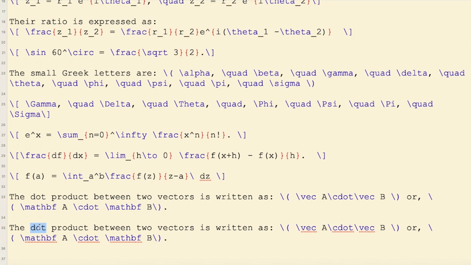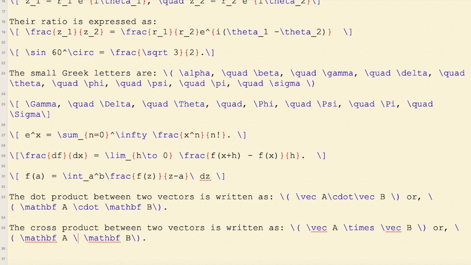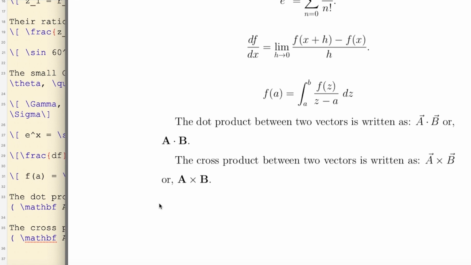The cross product is written as \vec{a} \times \vec{b}, or \mathbf{a} \times \mathbf{b}. This generates the output a cross b, or a cross b in math bold face.